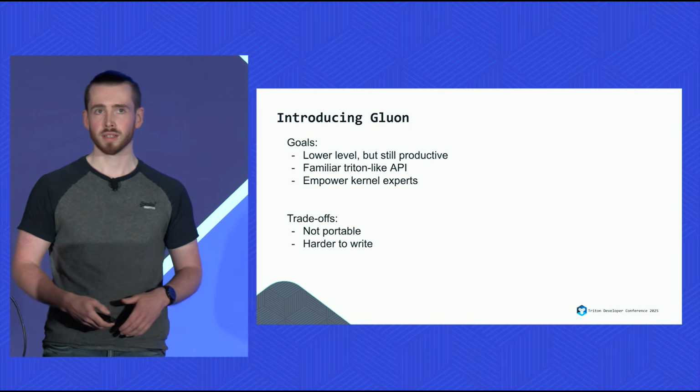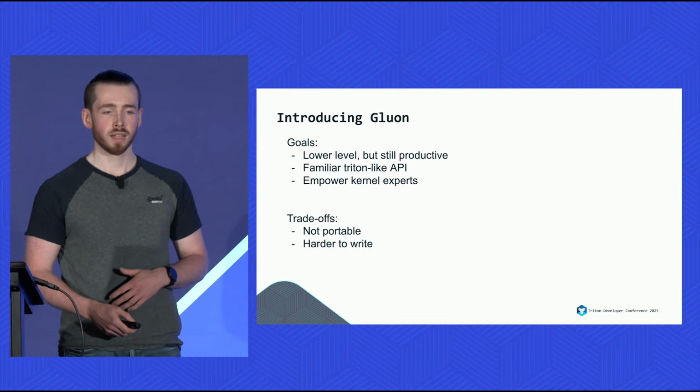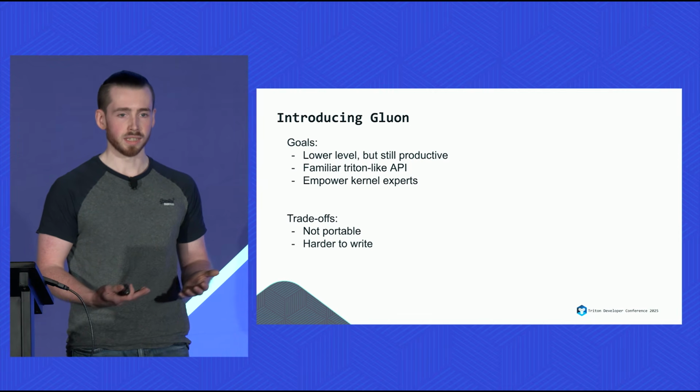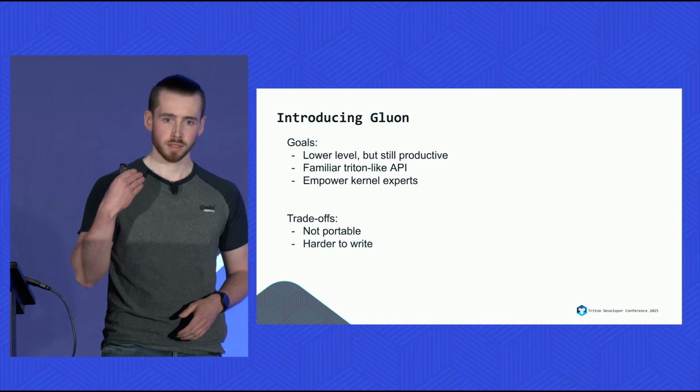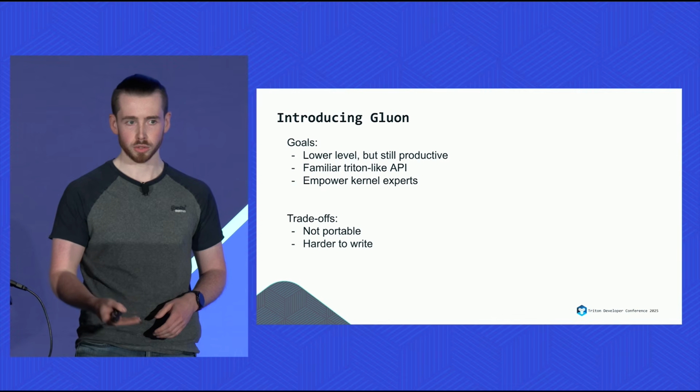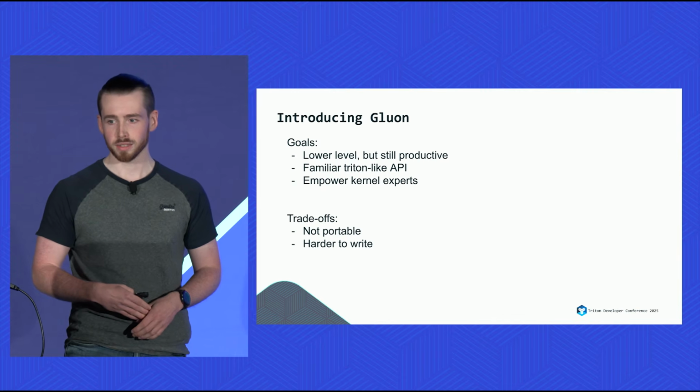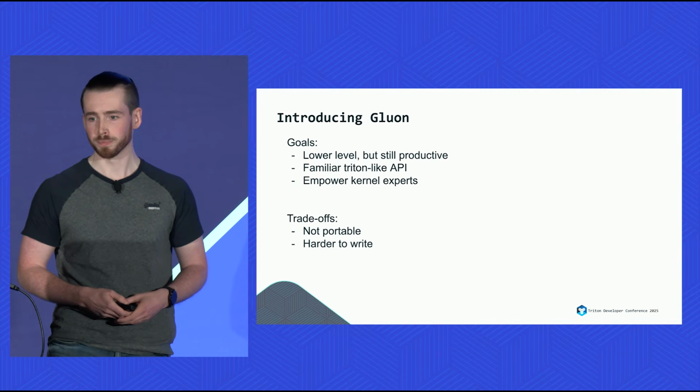It's a familiar API, and it's still got the clean syntax that you're used to with Triton. But we're exposing those hardware details at much lower levels and really empowering kernel developers.